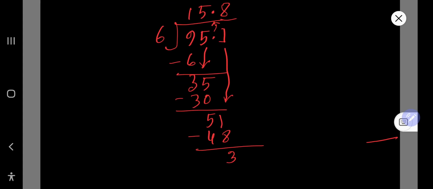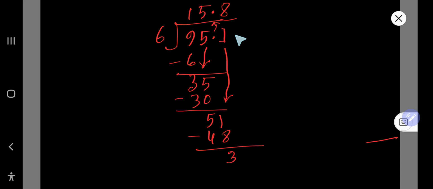Right? Now you have nothing after this. This will be the remainder, but in the case of decimal division, you need to continue division until you are getting a remainder 0 or a repeating value in the quotient.